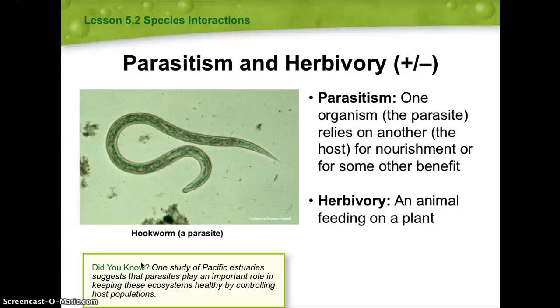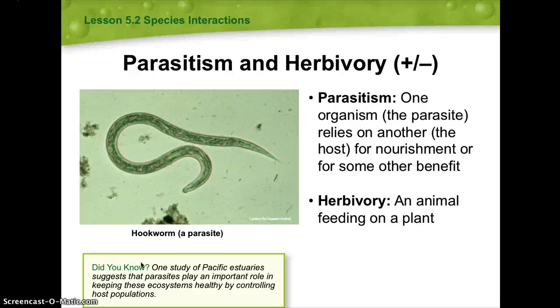Our next really cool species interaction is when one organism benefits and the other one is harmed. The example here, we could see a parasite, or parasitism. One organism, the parasite, benefits because it relies on the host for nourishment or for some other benefit.